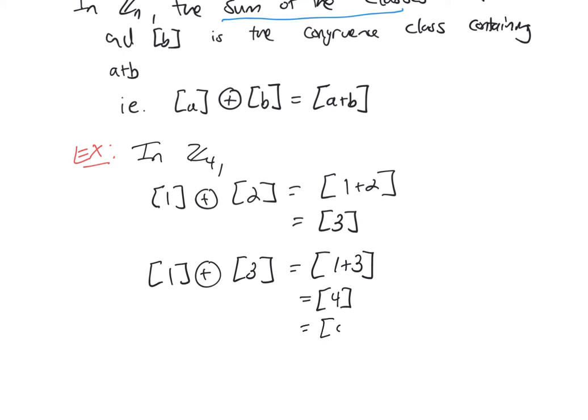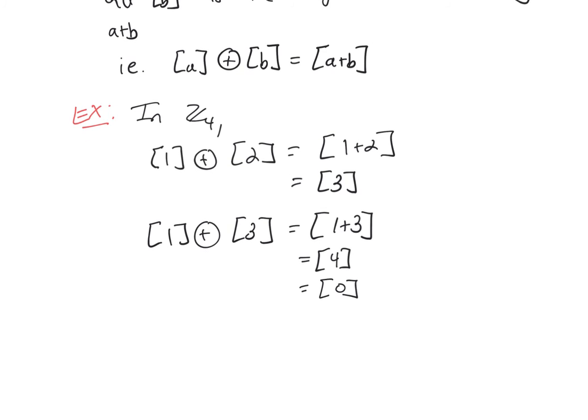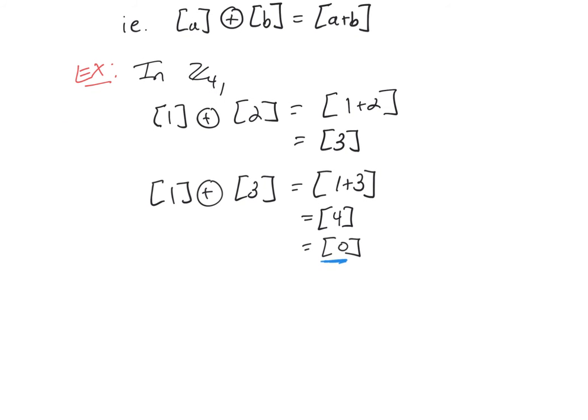The remainder is 0. So sometimes you're going to need to simplify and reduce down so that you get one of your elements from Z4, either the equivalence class of 0, equivalence class 1, 2, or 3.